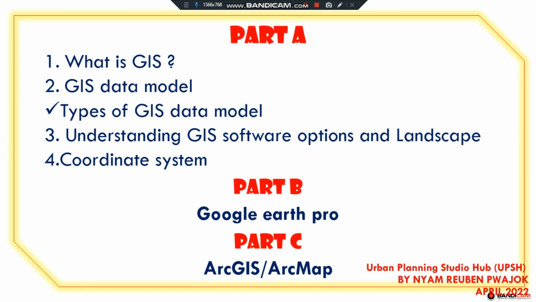We'll also be taking coordinate systems, while part B of this program is going to be structured on Google Earth Pro. This Google Earth Pro is very important. It's going to show us how we can extract data in order for us to be able to carry out our designs on ArcGIS or ArcMap. And part C, we are going to be looking at ArcGIS in full, how to go about ArcGIS.